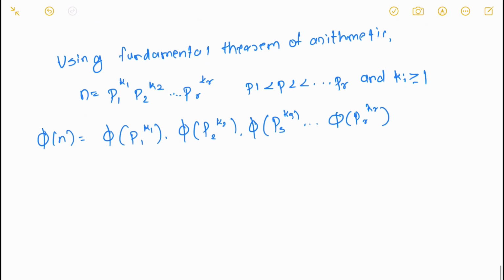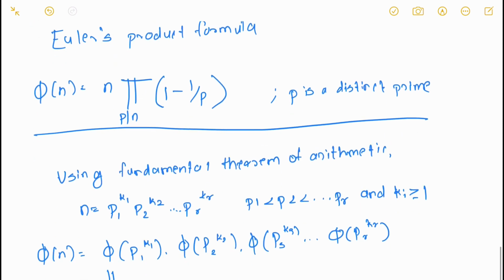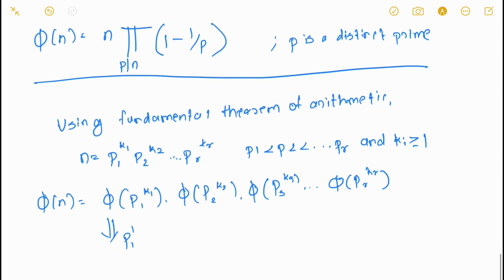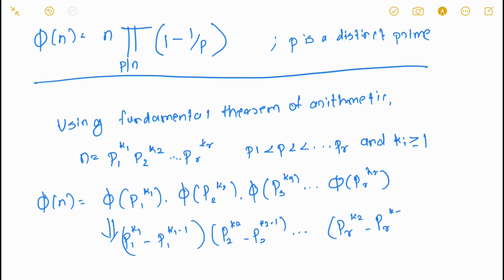Now using the second property, that is phi of a power of a prime, we can write it as p1 raised to k1 minus p1 raised to k1 minus 1, into p2 raised to k2 minus p2 raised to k2 minus 1, and so on up to pr raised to kr minus pr raised to kr minus 1.